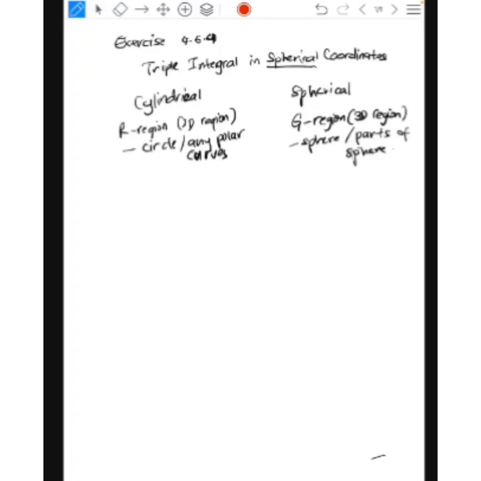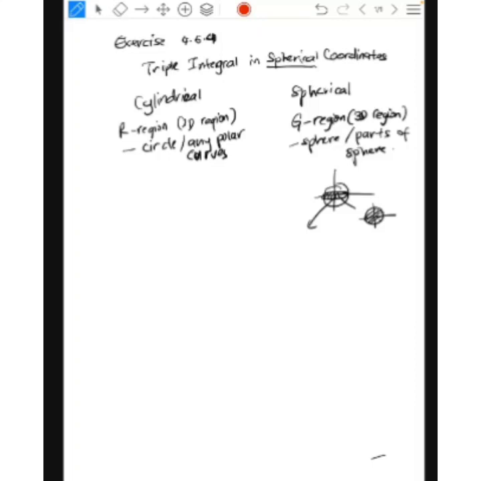So basically, if it's a sphere, the 2D region is also a circle, right? So it comes back to the cylindrical coordinate. Cylindrical coordinates can be used to find the volume of a sphere as well.